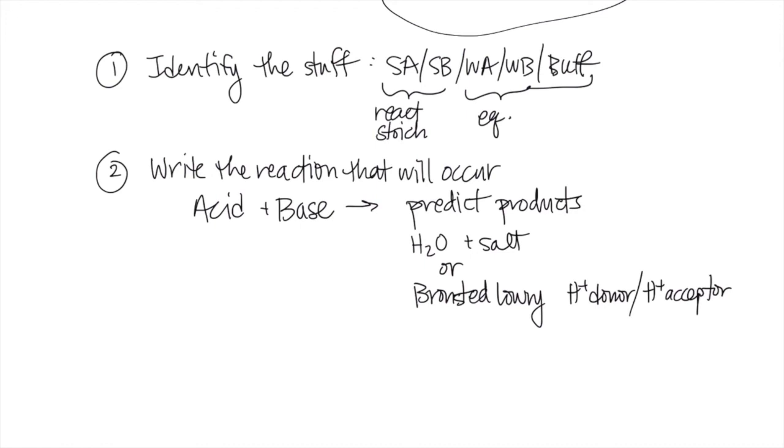Now, I want to point out, what if all you have is a weak acid? It still has a reaction. The reaction is the Ka. If you have a weak base, it still has a reaction. The reaction is the Kb reaction. So that's the first thing, write out the reaction.